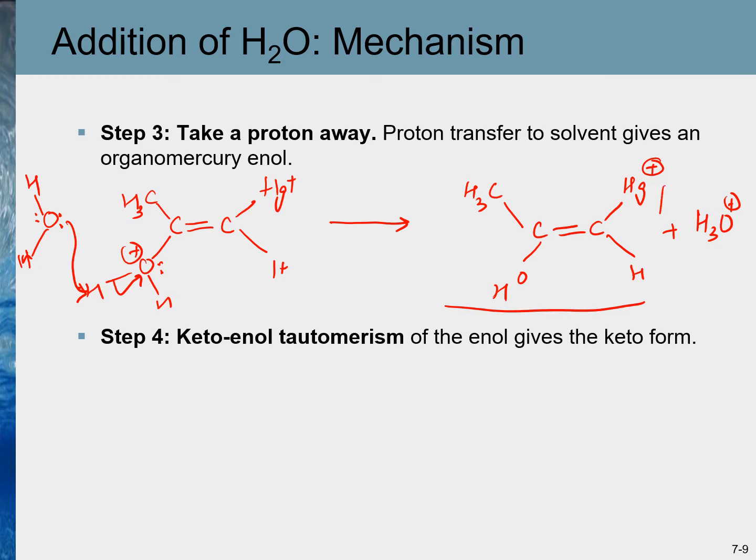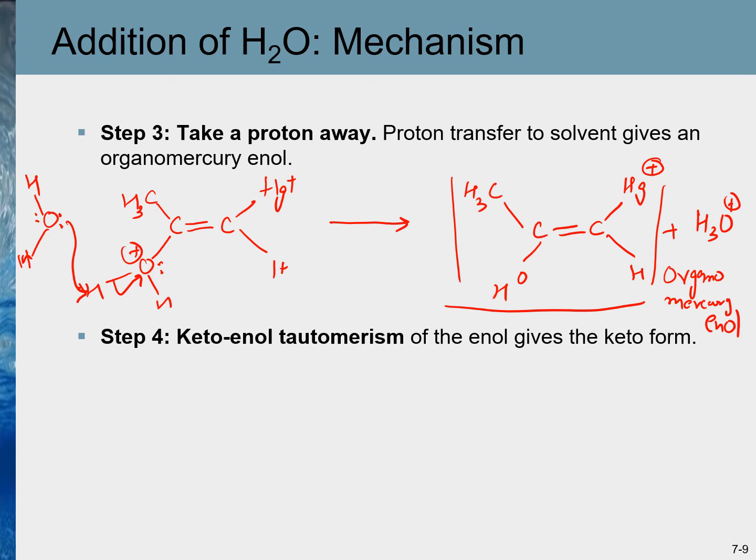This compound is called organomercury enol. As you can understand, it has an alkene as well as an OH group, hence it is an enol.